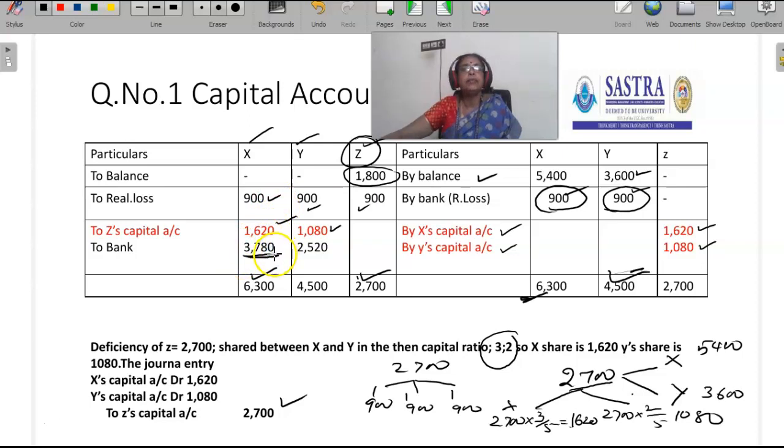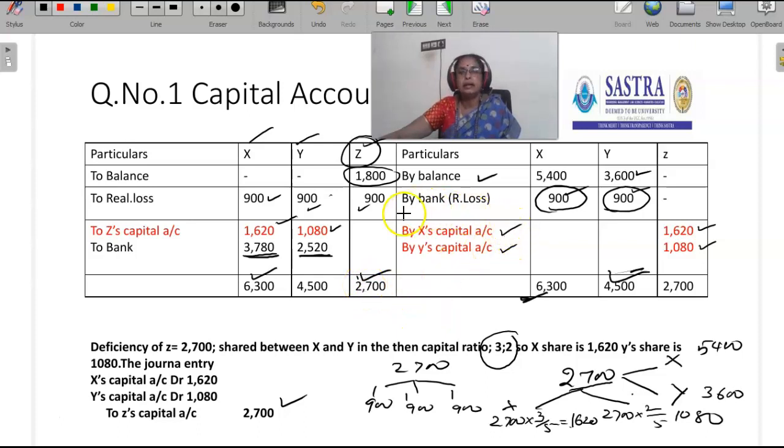That has to be paid by the firm to X. And then Y's capital account is 4,500 rupees. From 4,500 we have to deduct 900 and 1,080. So the balance is 2,520. So the firm has to settle X 3,780, Y 2,520. Okay, this is the way to prepare capital account.